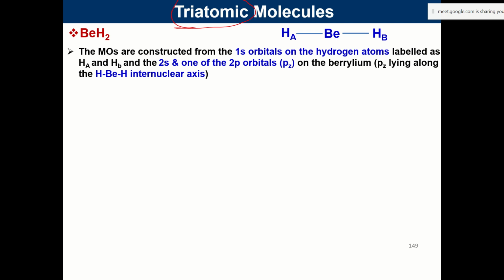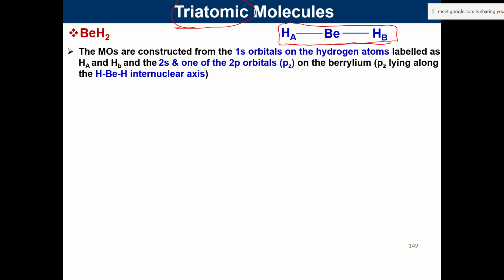BeH2 has been found to be linear. So there are certain experimental evidences based on which we start our explanation, and how the bonds could have been formed, how the orbitals could have been mixed. It is known through experiments to be linear.